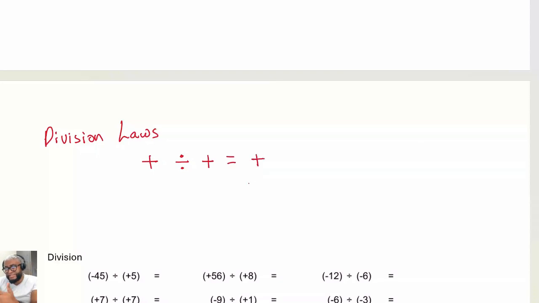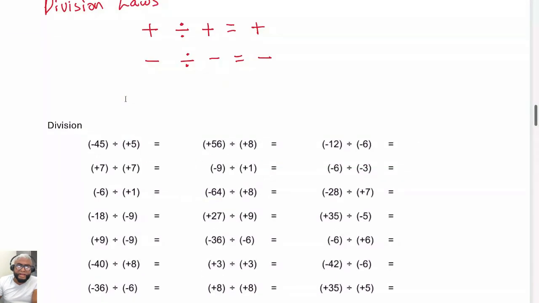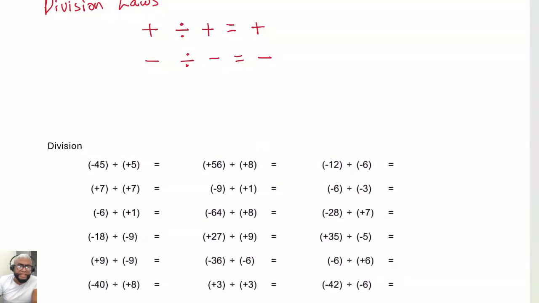It's actually the same thing as multiplication, right? A negative divided by a negative will give me a negative, right? And then we have a positive divided by a negative will be a negative, and then a negative divided by a positive will give me a negative.